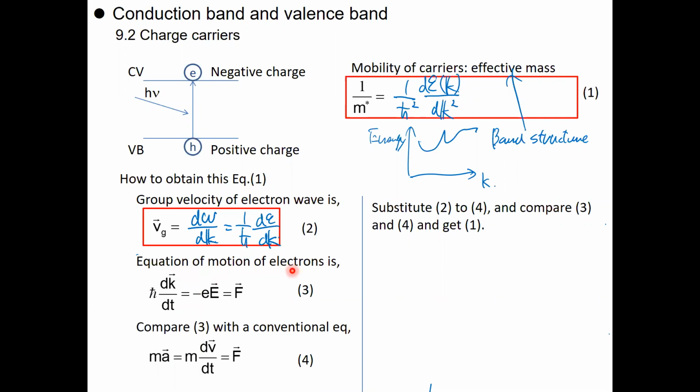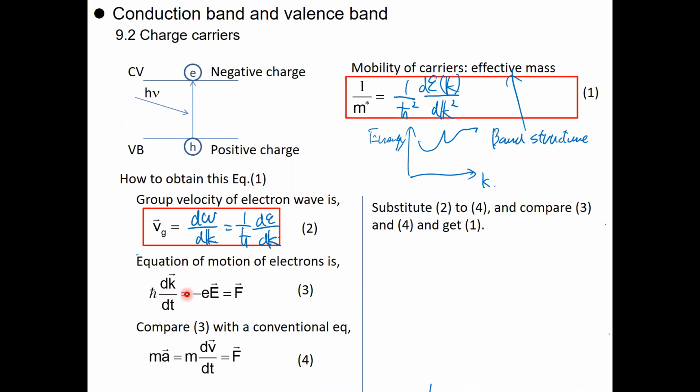The equation of motion of the electron can be described with the momentum, h bar k equals F, and also the conventional equation of motion, ma equals F. You can compare these equations, and what you have to obtain is this m.